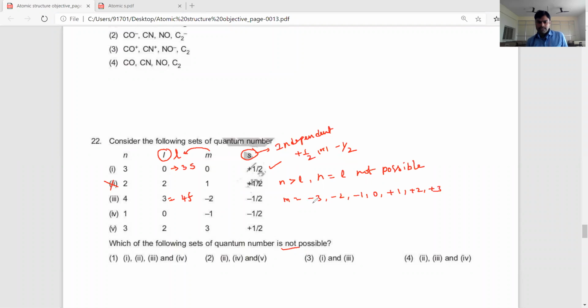Among this -3 to +3 range, one m value is present for one orbital, that is -2 they gave. So it is also possible, it is correct. So the first one and third one are correct.